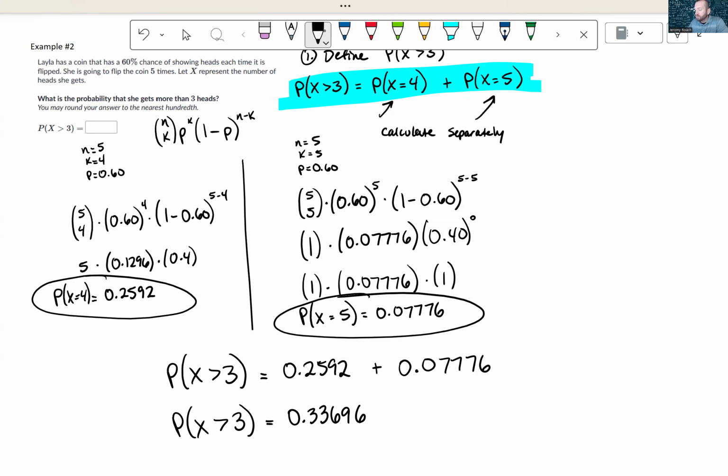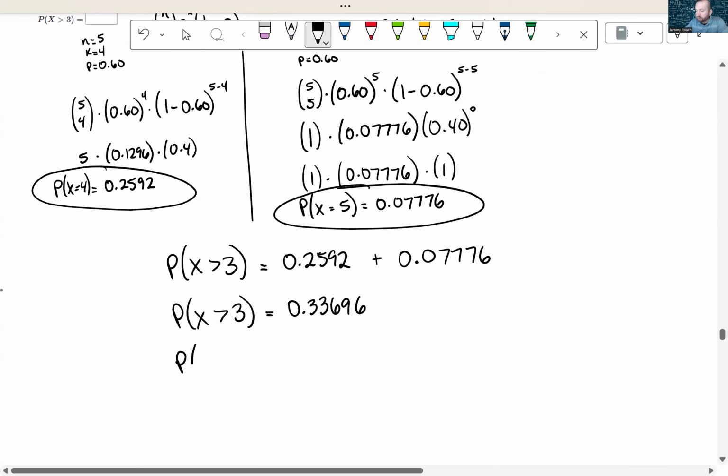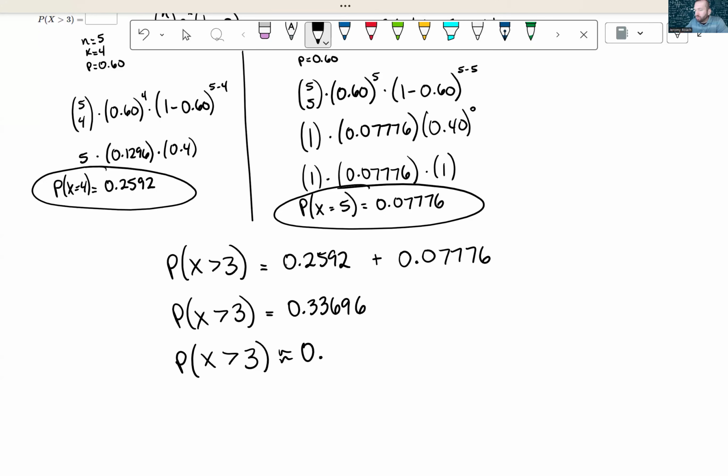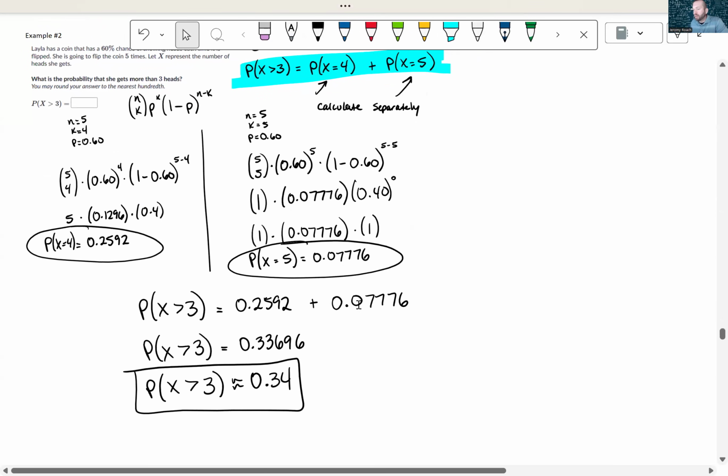And now we're going to do the rounding. I might have gone out a little bit extra on the decimals, but that's okay. And now this is approximately equal to 0.34 for our final answer. So a 34% chance that she gets more than 3 heads.